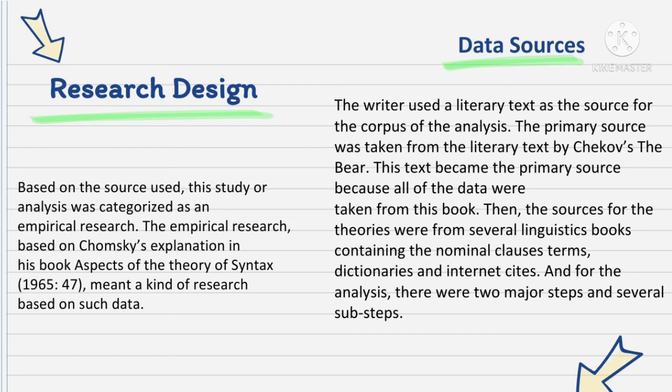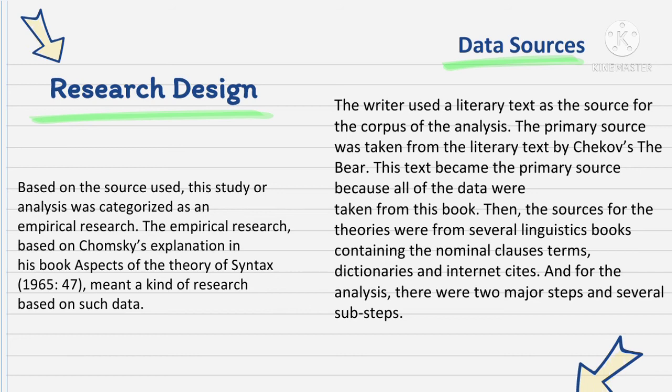The primary source was taken from the literary text. This text became the primary source because all of the data were taken from this book. Then the sources for the theories were from several linguistic books containing nominal clause terms, dictionaries, and internet sites.